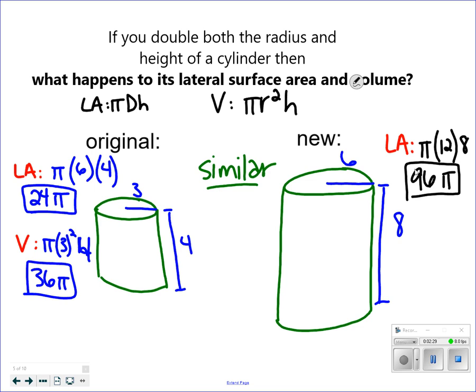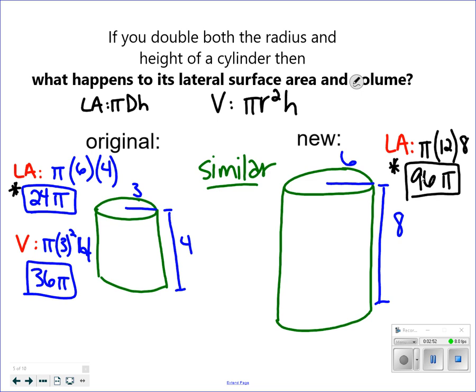Now, what I would like for you to do is to compare the original lateral area to the new one. How do we usually compare things? Well, since these two solids are similar to each other, we need to look at their ratios.